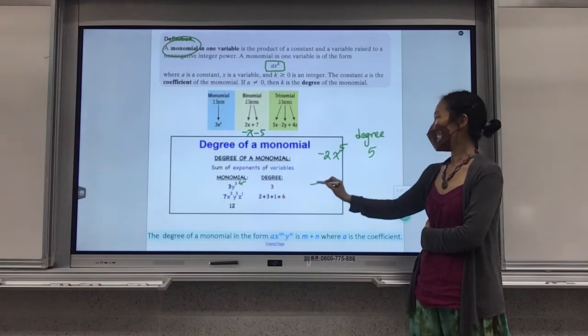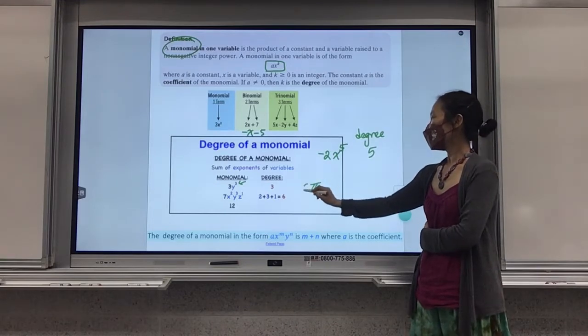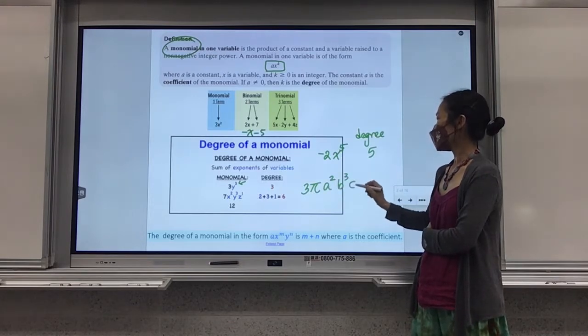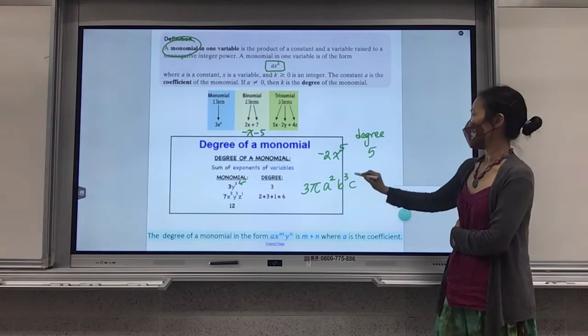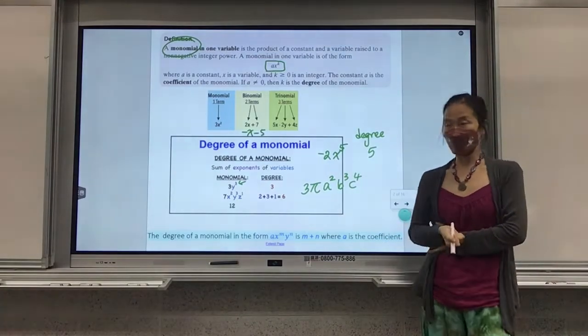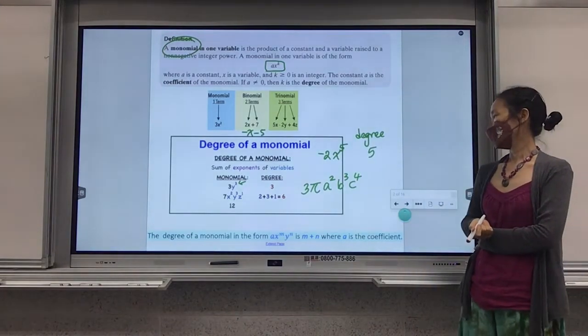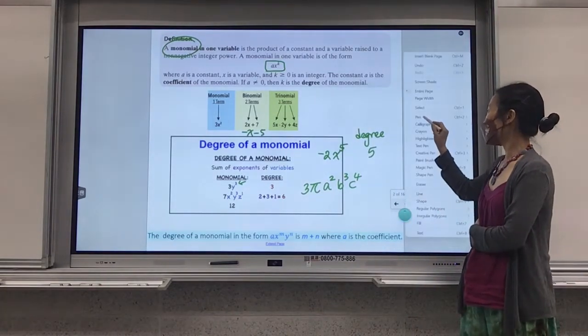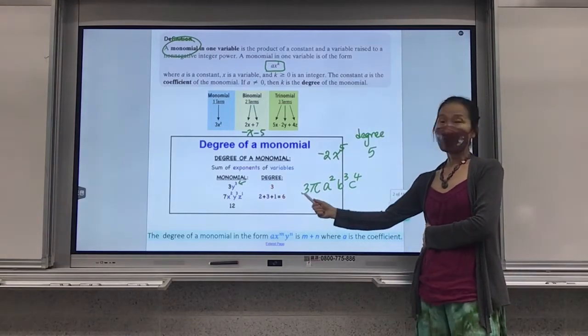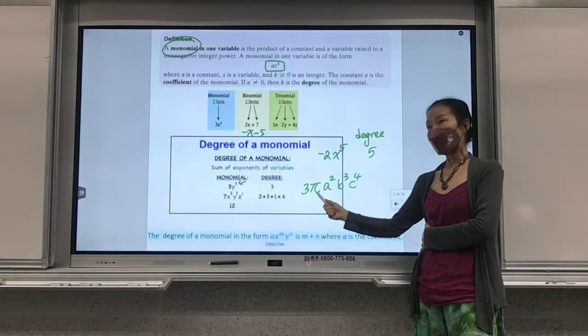If I have 3 pi a squared b cubed c to the 4, what is the degree? Let's look at all the variables. What are the variables? 3 is a number. What about pi?